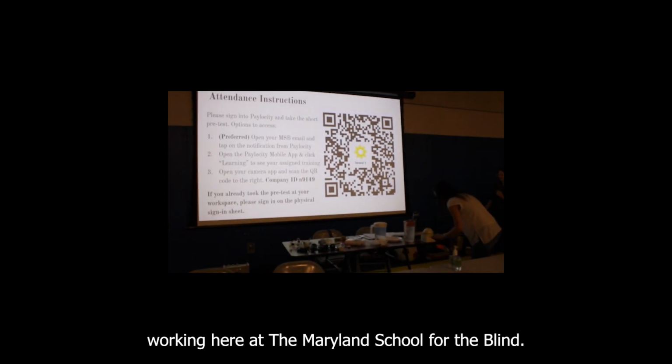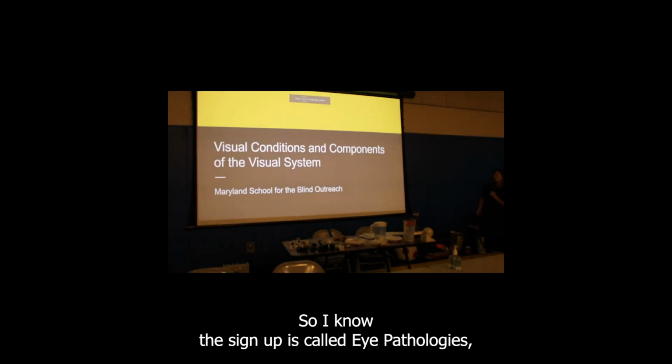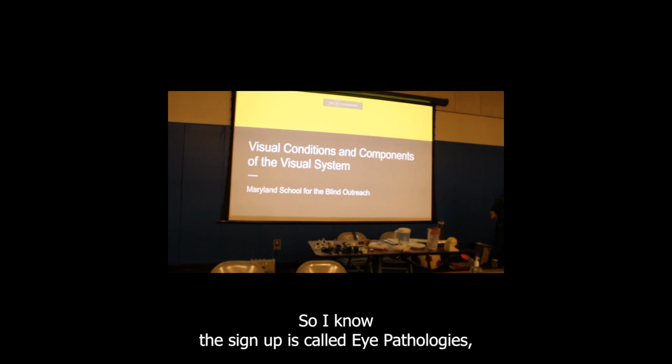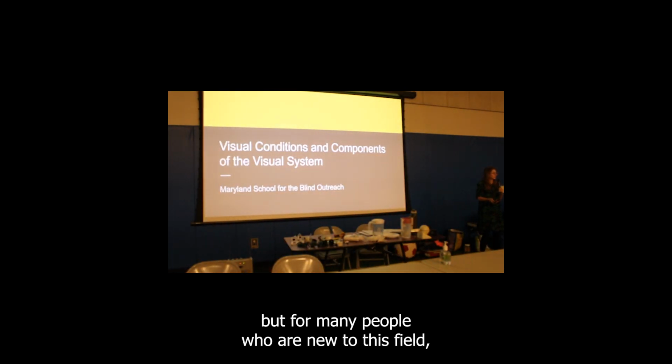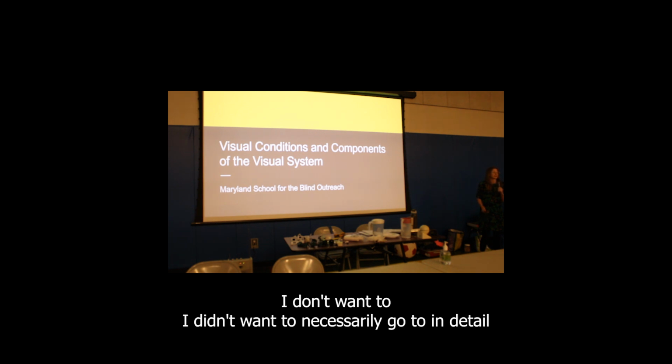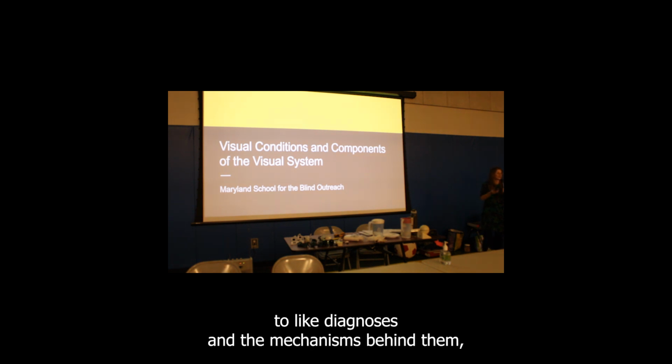Working here at the Maryland School for the Blind. I know the sign up was called Pathologies, but for many people who are new to this field, I didn't want to go too deep into diagnoses and the mechanisms behind them.